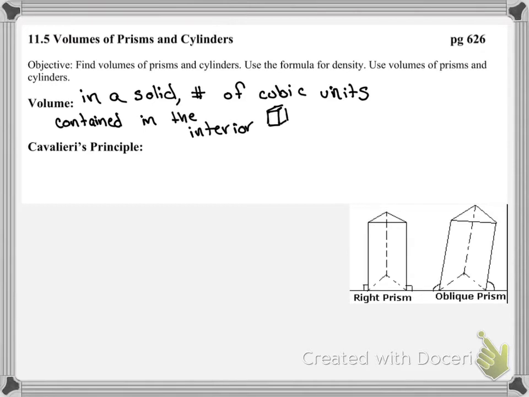He stated that two solids, if they have the same height, top to bottom, and the same cross-sectional area, meaning the area of each cross-section, if I was to cut through the figure at the bottom, and every cross-section all the way up, if I slice through the middle, this would have a triangle sliced through the middle, and so would this one.